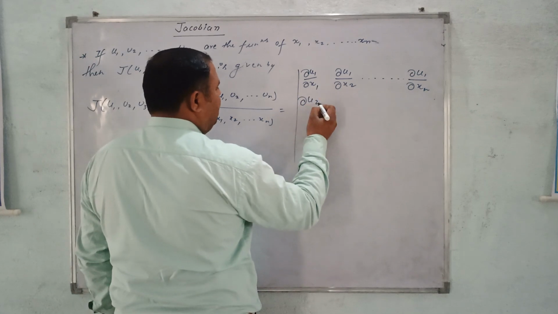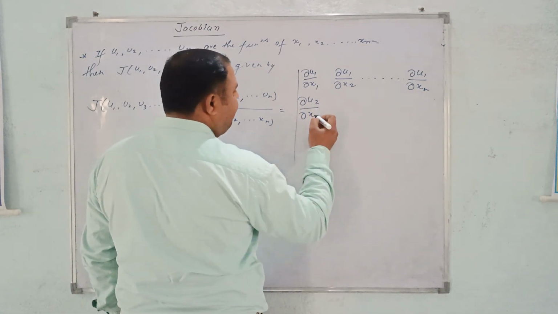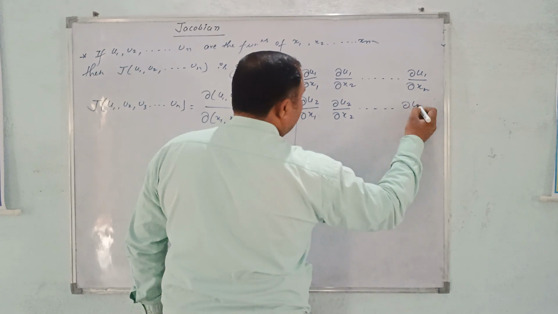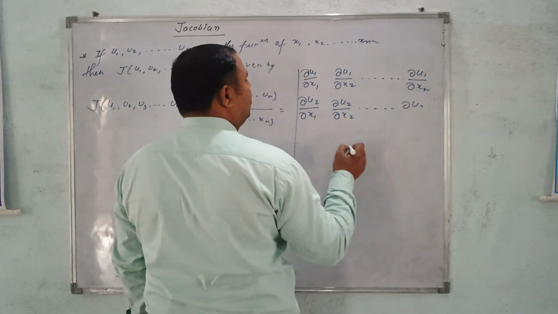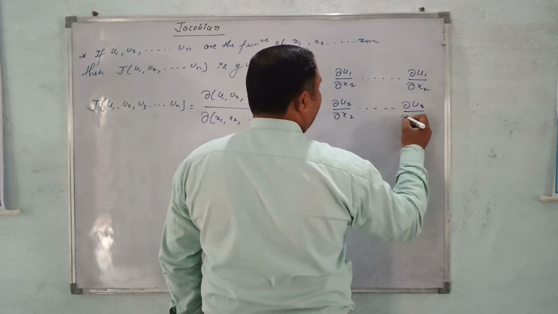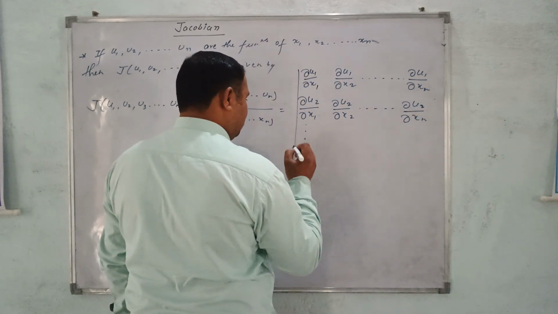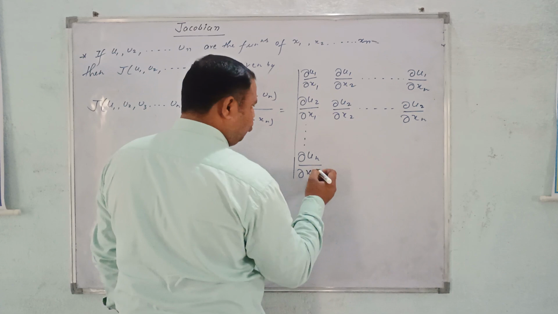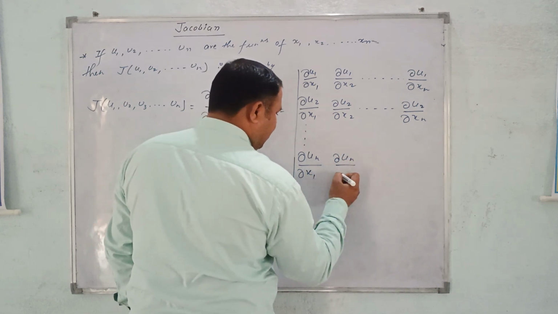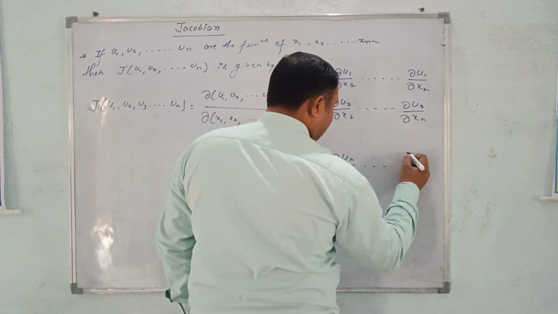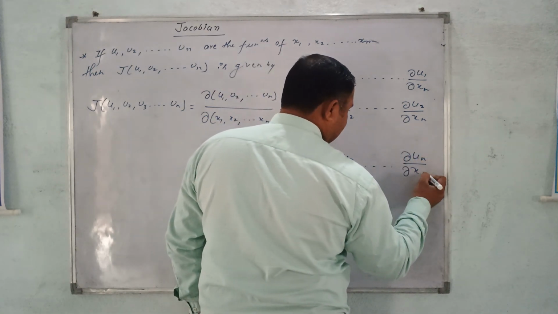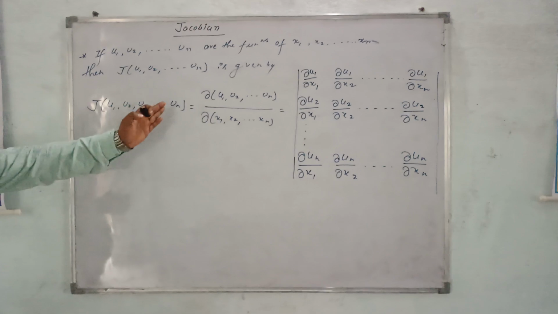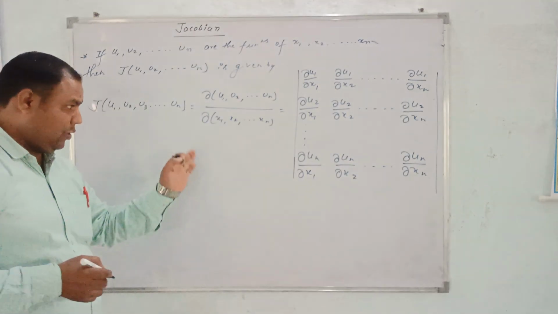Similarly, del u2 by del x1, del u2 by del x2, del u2 by del xn, and the last row del un by del x1, del un by del x2, del un by del xn. This is the determinant of u1, u2, u3, and un with respect to x1, x2, x3 and so on.